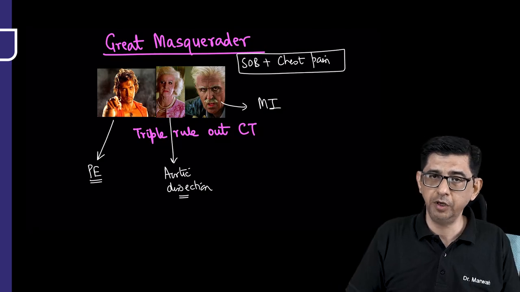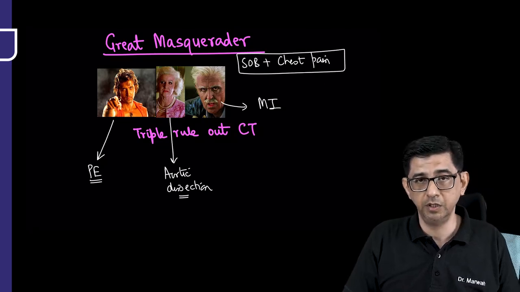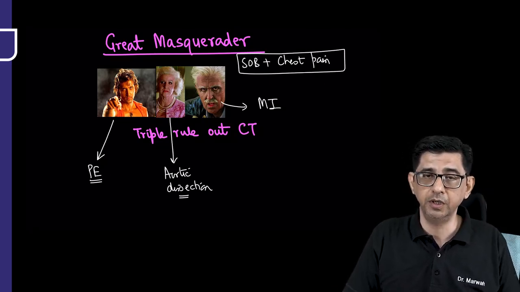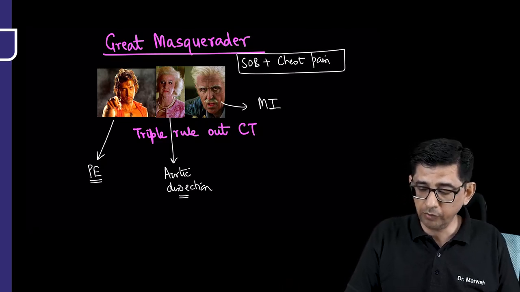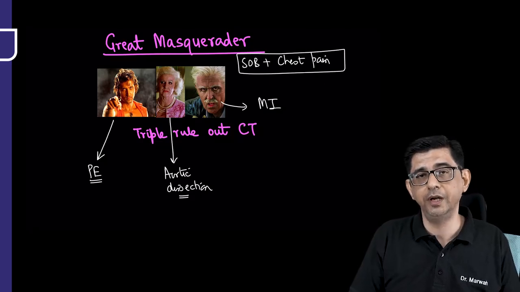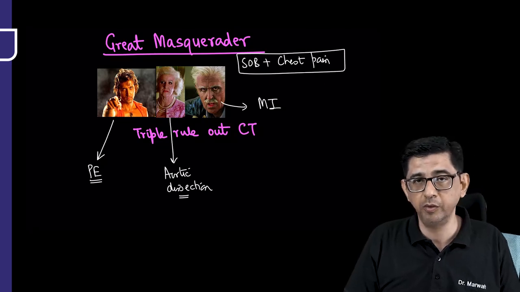If we don't have a CT, we can do an MRI also. But the point is that myocardial infarction is one of the leading causes of death in India. Cardiovascular mortality is very, very high, and therefore all three diseases tend to have similar or identical presentations, which is why imaging is of importance.